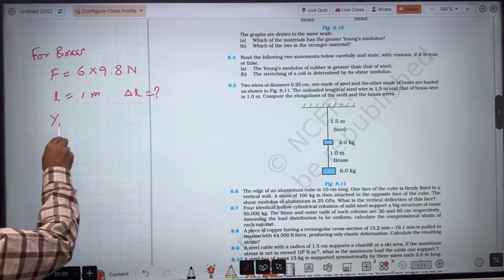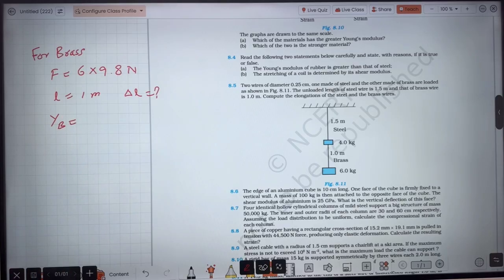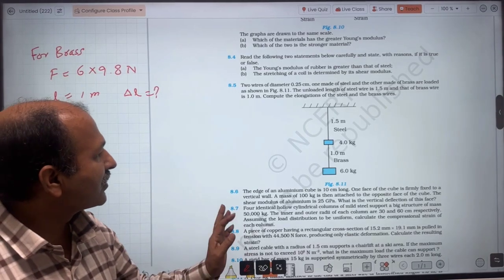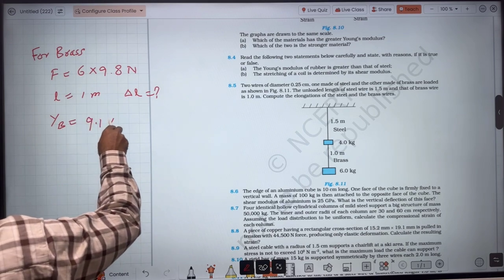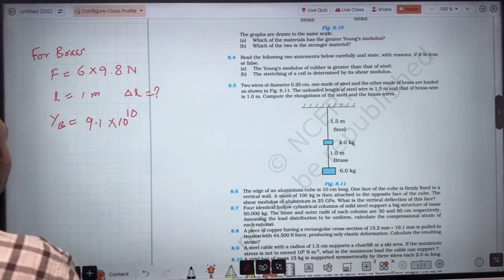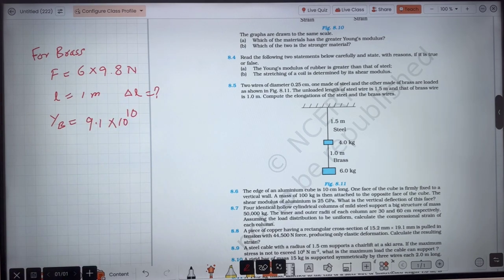And Young modulus of brass is how much? In question it's not given, you have to consult the table. So let's see what it is. It is 9.1 into 10 to the power 10. So this is information.